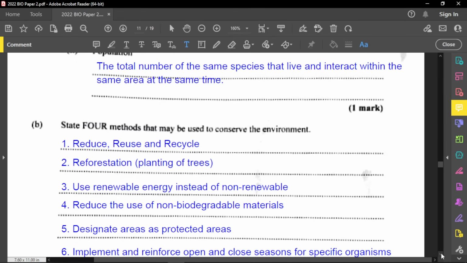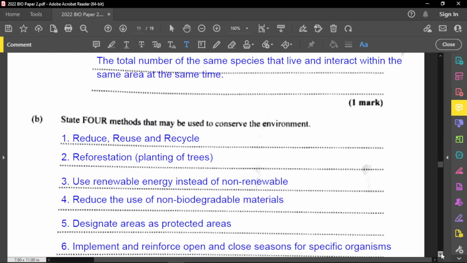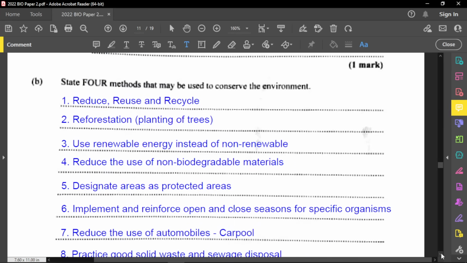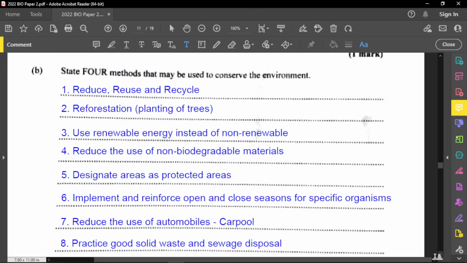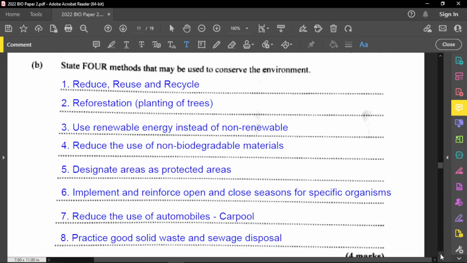Part B of this question is to state 4 methods that may be used to conserve the environment. There are so many different methods you can use. I think you could just run home with this one by listing many, and I know most of you will know these things. To conserve the environment, you can reduce, reuse, and recycle. That's the most popular and the one that most of you remember.